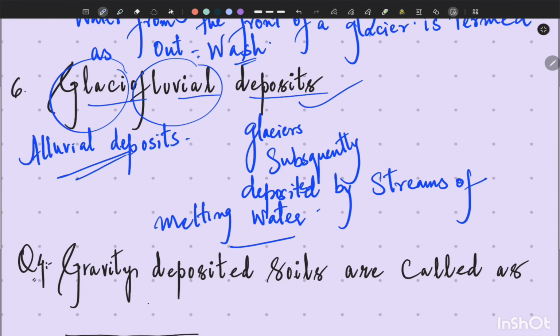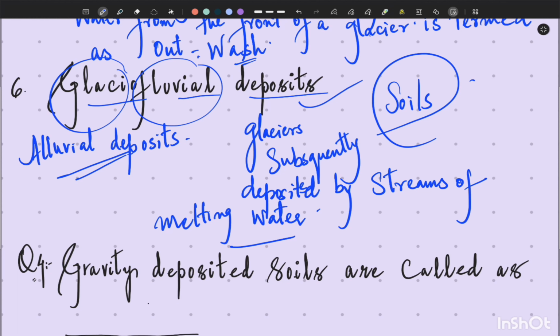In case of these deposits, two agencies of transportation play a role. First one is glacier and the second one is water. That's why they are known as glaciofluvial deposits. The material is moved by glaciers and then subsequently deposited by streams of melting waters coming from the glaciers.